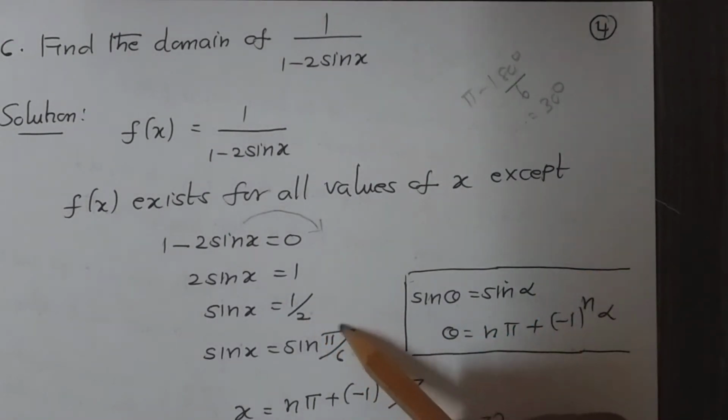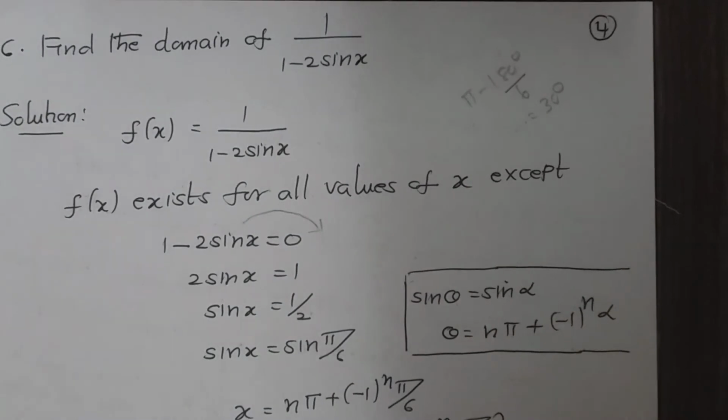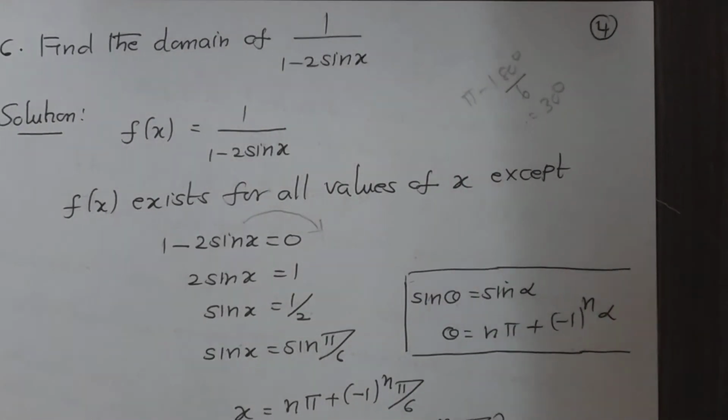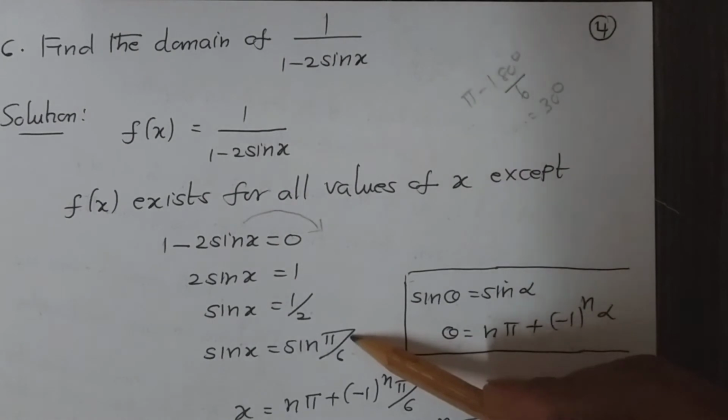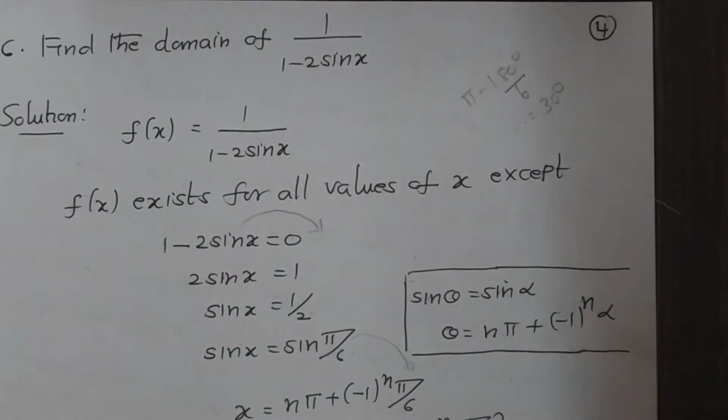This alpha here is pi by 6. This is also known as a principal solution. We will study the principal solution in trigonometry, and also next year we are going to study in detail the principal value of sin, cos, tan and all. But here, instead of alpha, if you compare, it is pi by 6. So just replace it with pi by 6.